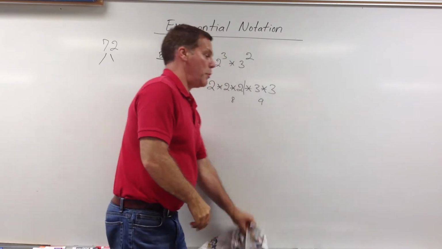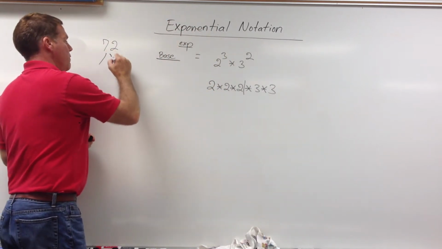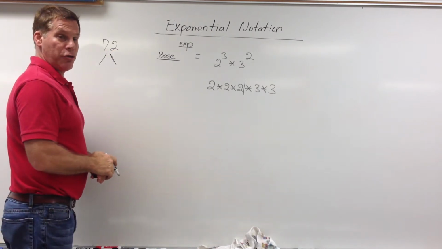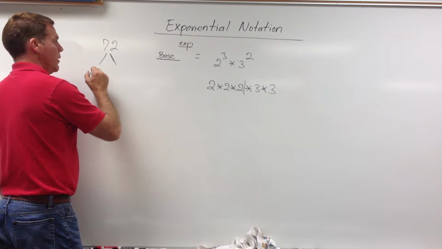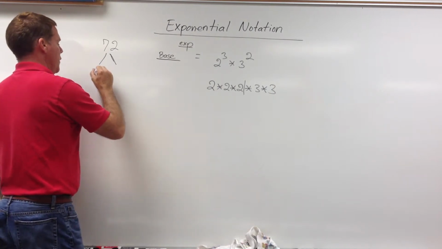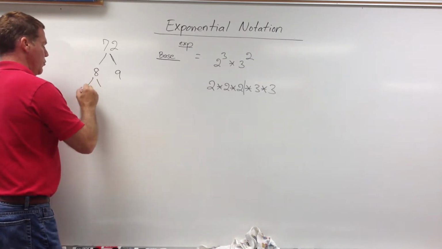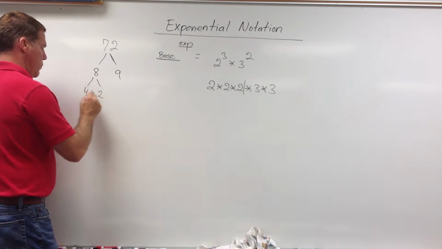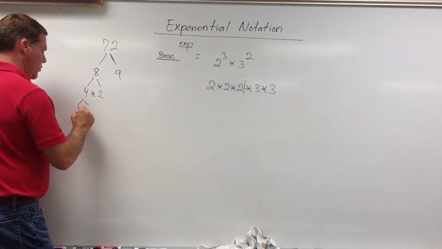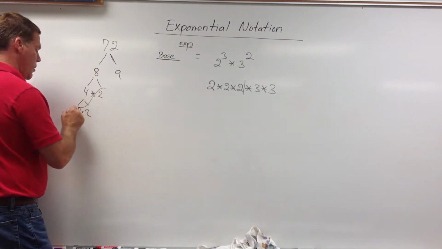So, the students will be given a problem to find all the factors of 72. Now I know that's an even number. I'm going to go ahead and start off with a 2. Well, I can start off with, make my life easy, 8 times 9. Okay? 8 is equal to 4 times 2, and 4 is equal to 2 times 2. So on this half right here, I'm down to just prime numbers.